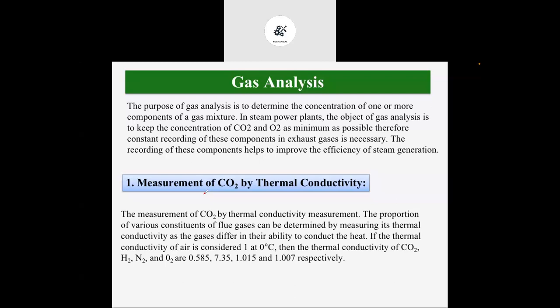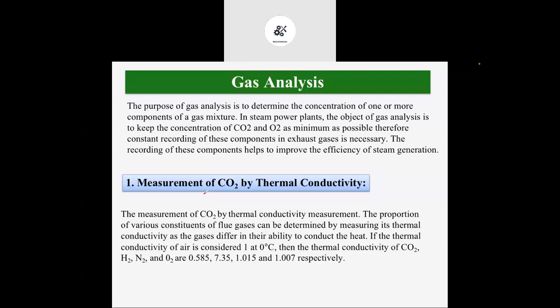Take an example: by measuring the value of O2, the oxygen present inside the flue gases, we can find out the efficiency of the combustion. If there is incomplete combustion, if we are providing less oxygen to the combustion, then a very small amount of oxygen will be present inside the flue gases.